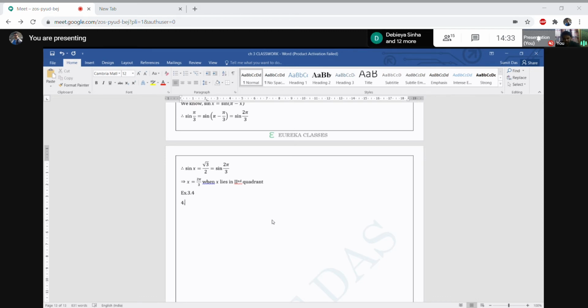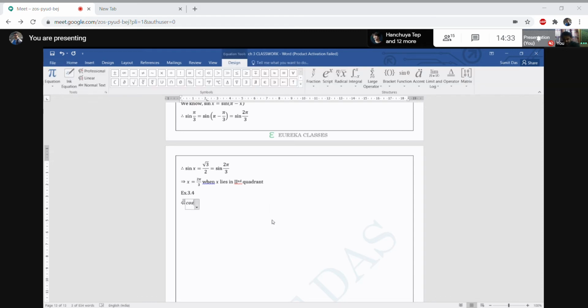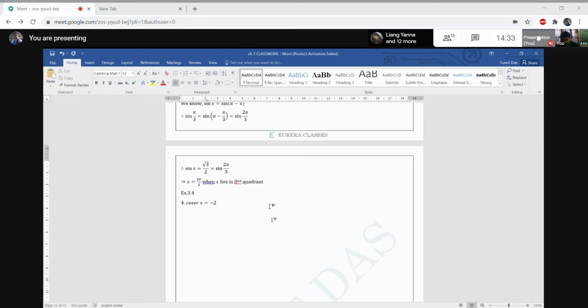I'm not doing only one because this is a very easy question. Given cosec x equal to minus 2, right? Let's do cot x equal to minus root 3.